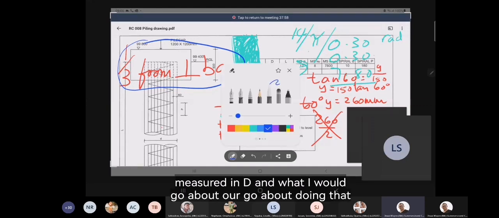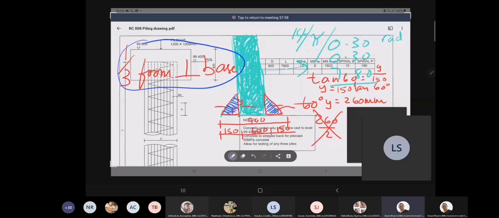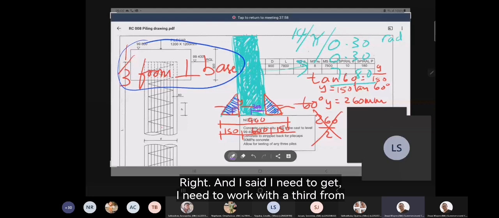What I'd go about doing is, know that there is 300. Agree? That across there, that's my radius, right? And I said I need to work with a third from the perpendicular base.